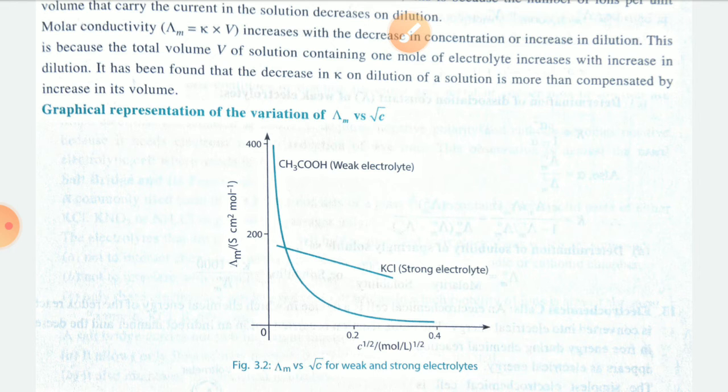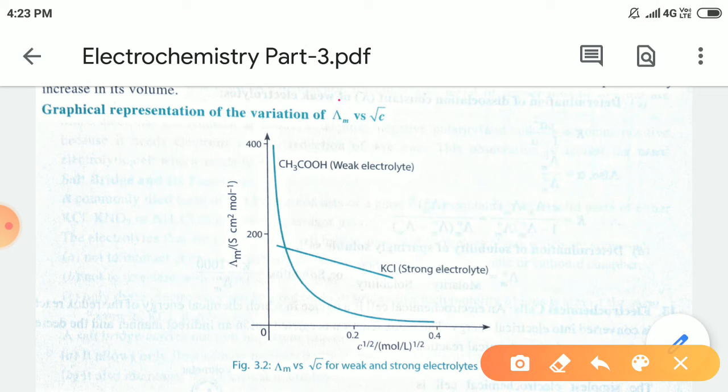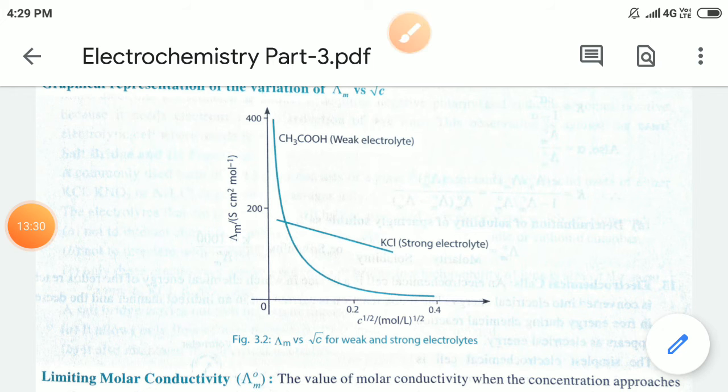Now the graphical representation of the variation of molar conductivity versus root of the concentration. In this graph, root of the concentration is given on the x-axis and molar conductivity is given on the y-axis.